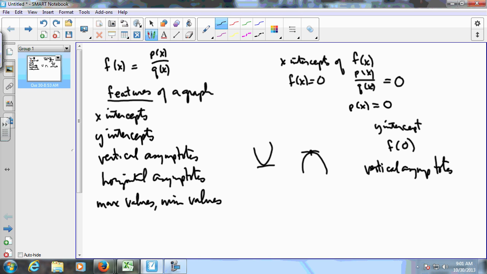That happens where the denominator is 0. So you look for q of x, the denominator of the rational function, the bottom, equals 0, and you exclude 0 values.